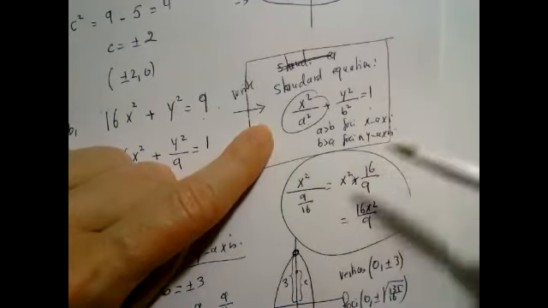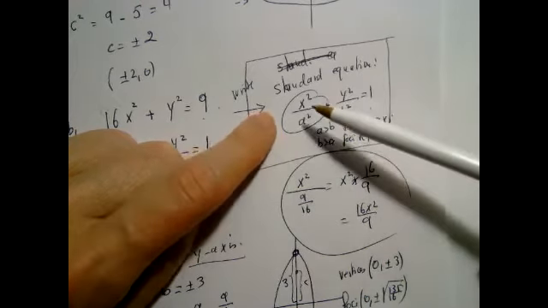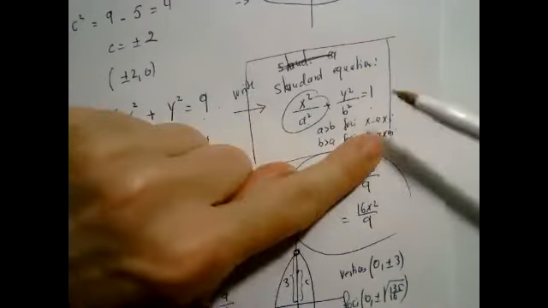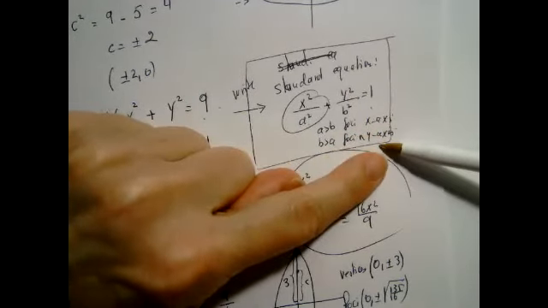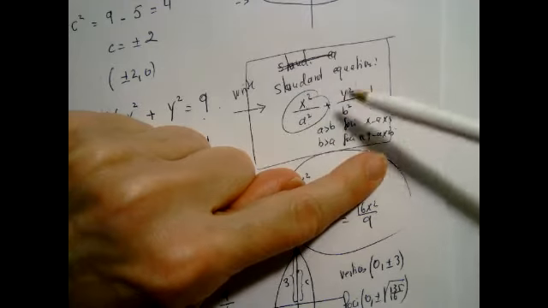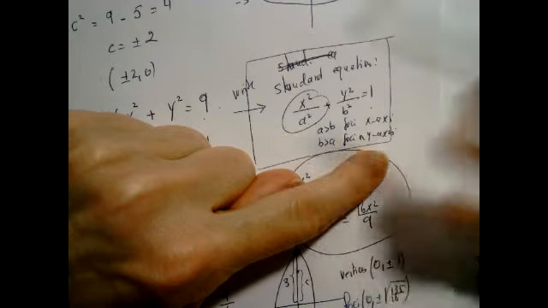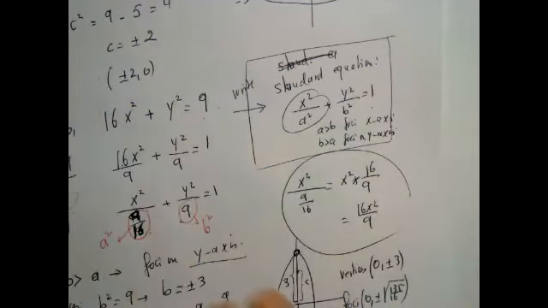That's the way I'm writing them, and I think that's the way the notes I gave you write them. Some books actually will change. They put x squared over a squared plus y squared over b squared if the foci are on the x-axis, and then they change for the y: x squared over b squared plus y squared over a squared equal to 1. I don't do that. I write the same equation, but I emphasize which one is bigger than the other.